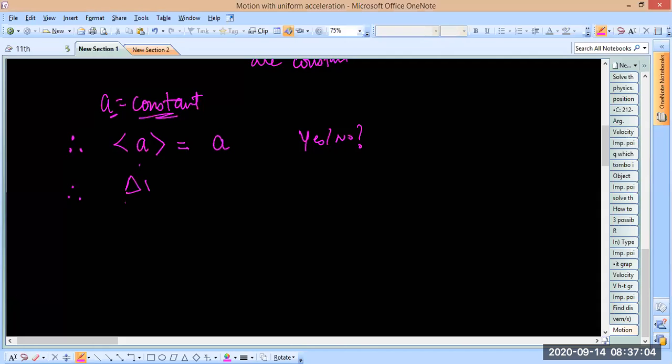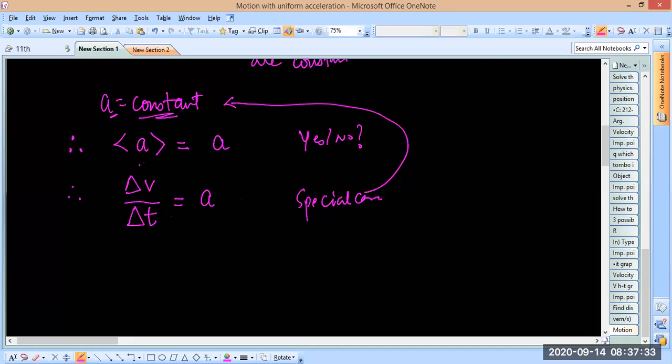So the correct formula is delta V by delta T, isn't it? So this is equal to a. See, this is a special case. Don't forget, this is a special case. Why is it a special case? Because acceleration is constant. Otherwise, this is not how it works.